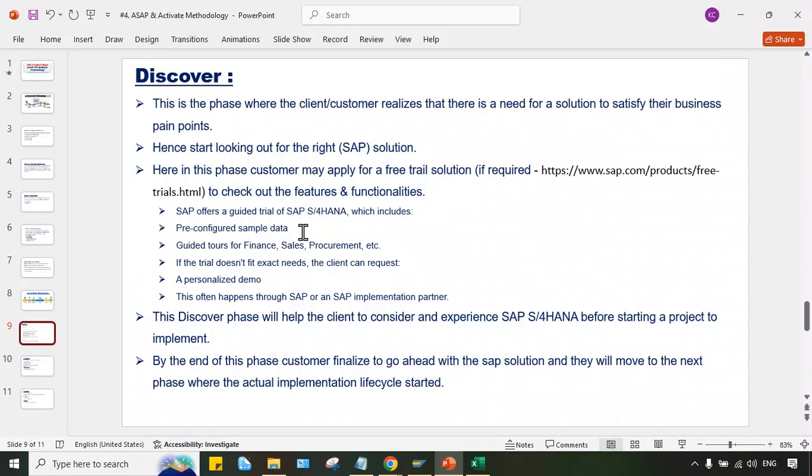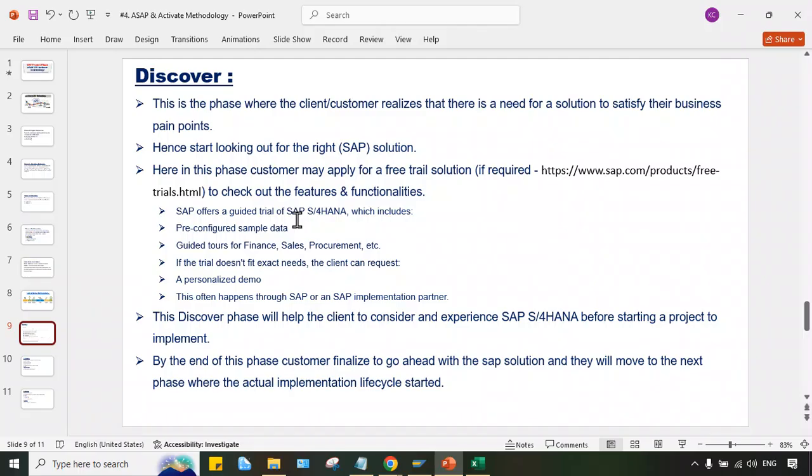First of all, SAP has given pre-configured sample data, and it is given country-wise, no matter which country the client belongs to. But still, if they have to create the purchase order, they don't know how to create it, right?